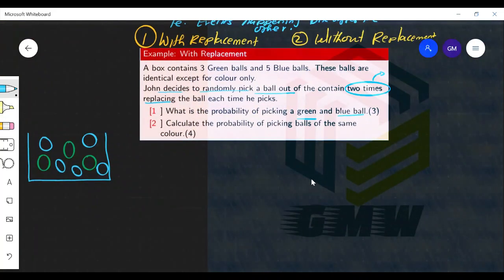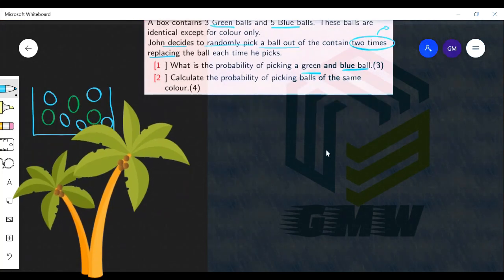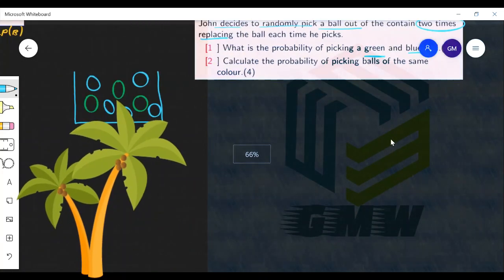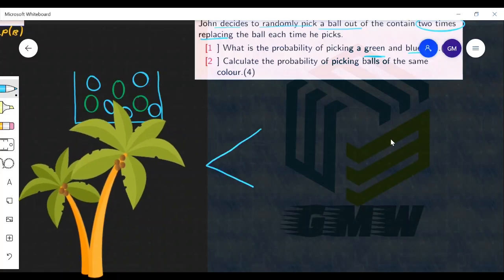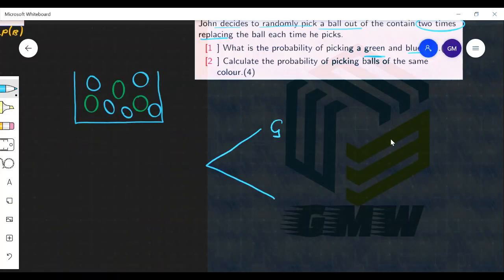So to draw this tree diagram, how many colors do we have involved here? 2 colors, green and blue. It means when you draw your tree, it has 2 branches. For starters, you have one for green, another one for blue for the first time.